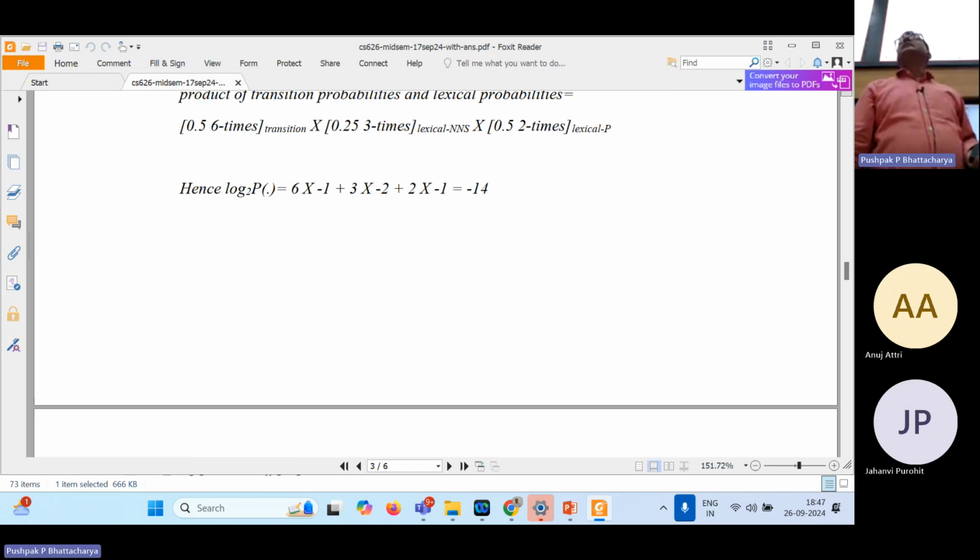Now, is there any way other than this method whereby you can get the probability of the sentence?